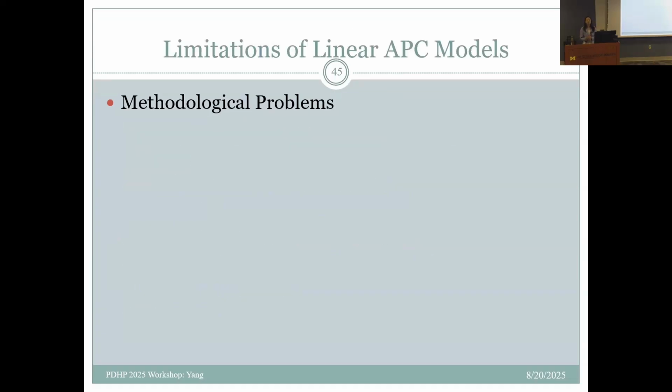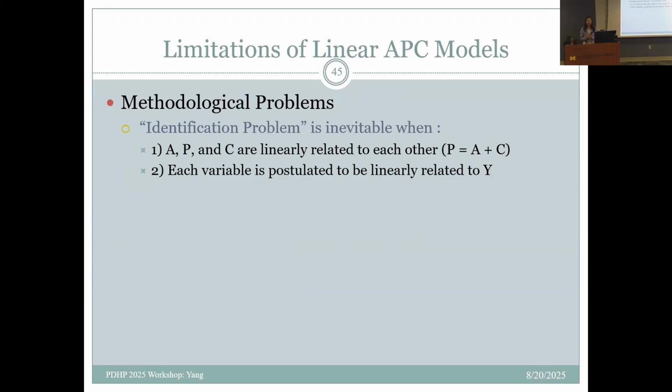Now, it is important to point out that the identification problem is not inevitable, counter to what many used to believe. It is largely a function of the application of the linear model to the data in the form of the first research design. That's why I emphasize research design and the model fit to this design.